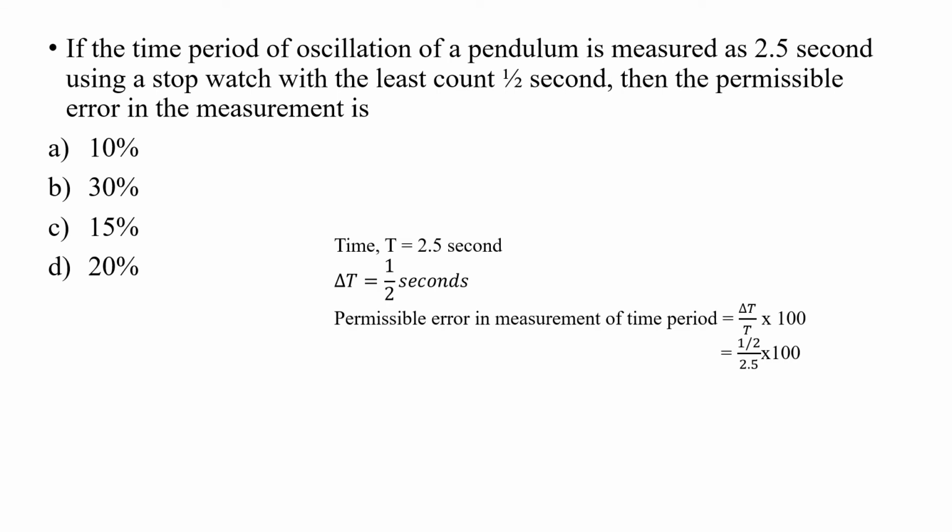The given data, that is time, is given as 2.5 seconds and the delta t is given as half second. So permissible error in the measurement of time period will be equal to delta t by t into 100. Substituting the values for delta t as half and t as 2.5, you get the answer as 20%, which is option D, that is 20%.